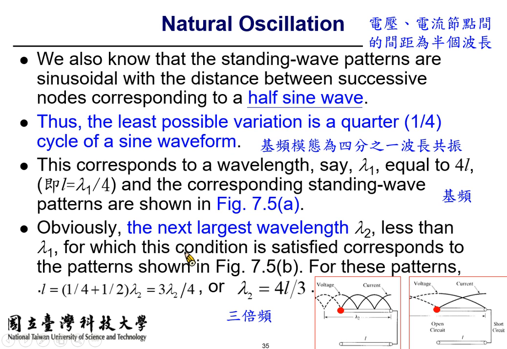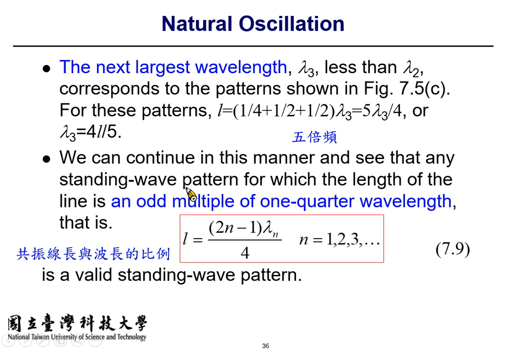If the fundamental mode frequency is f, the next one will be 3 times f, and the next one will be 5 times f. We can continue in this manner and see that any standing wave pattern for which the length of the line is an odd multiple of one quarter wavelength.